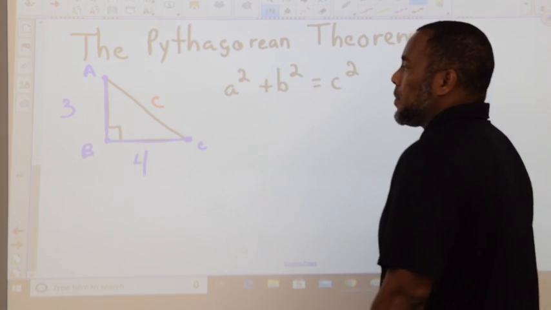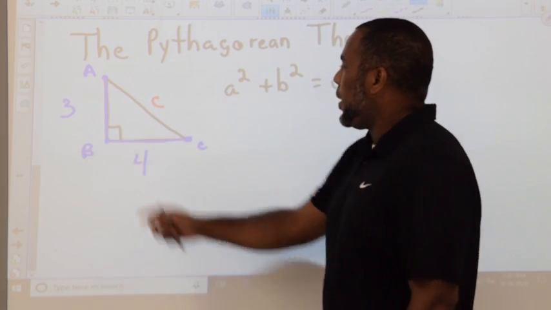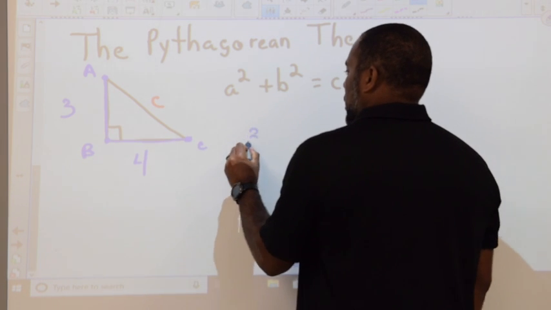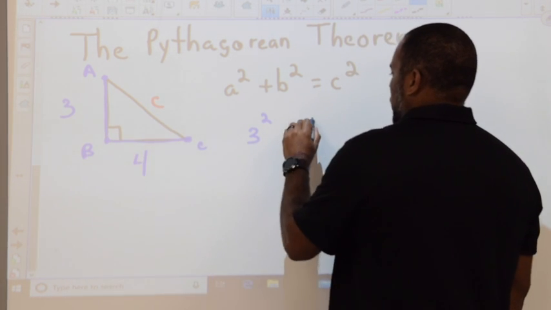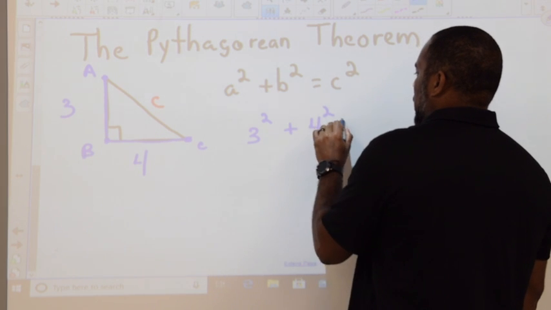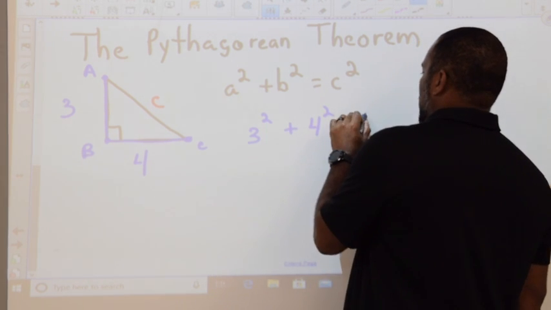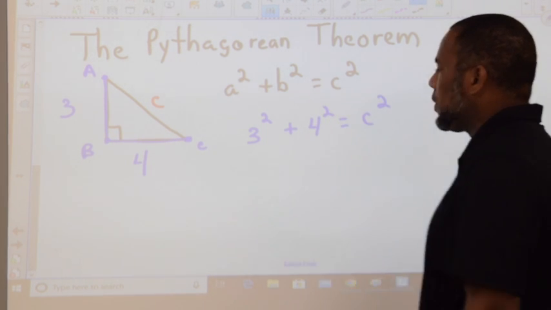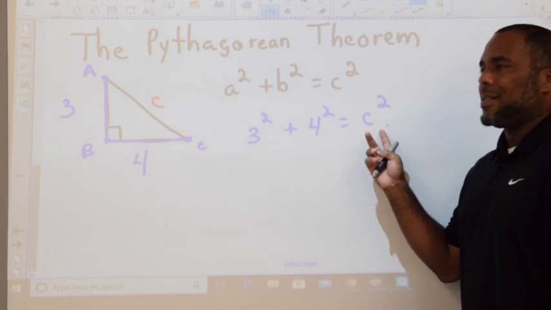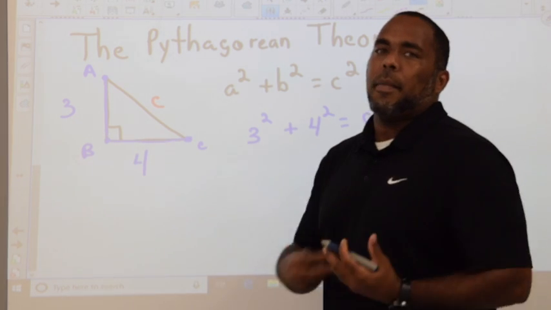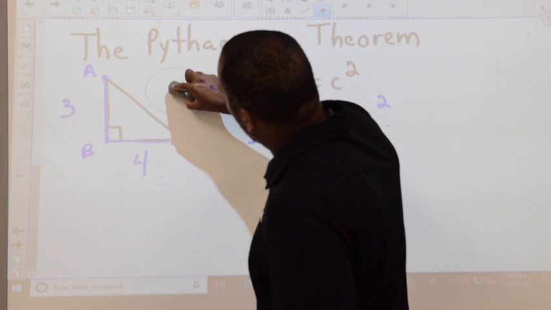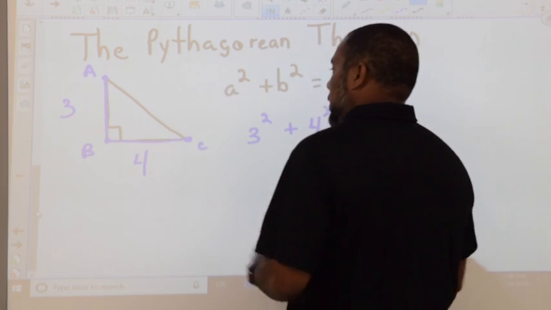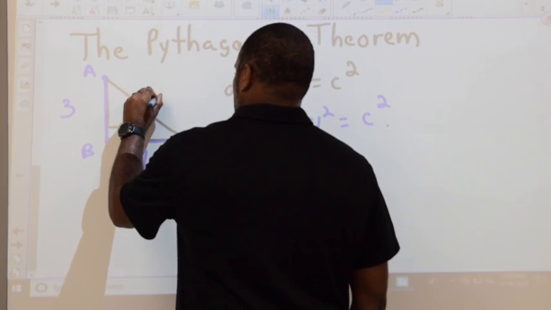Well, if we know A to B is 3 squared plus BC is 4 squared, that is equal to my distance C squared. I'm getting tired of saying distance C, so I'm going to change the letter to D because it just sounds better.